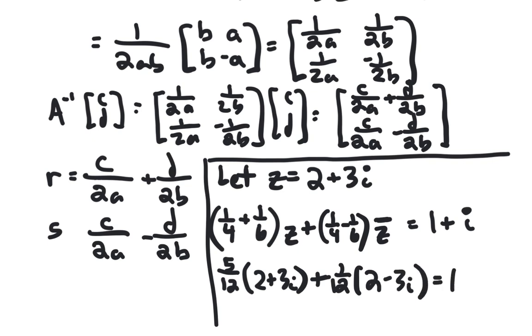That equals 1 plus i. And you can check that calculation to make sure that it works. But you can see how this idea not only shows us that it spans, but it gives us a recipe to come up with the coefficients for a linear combination of z and the conjugate of z for any complex number that we like.